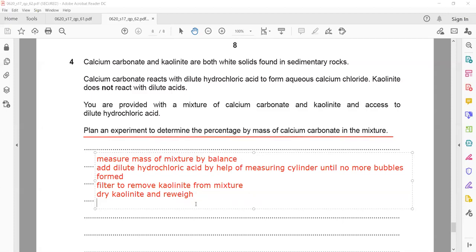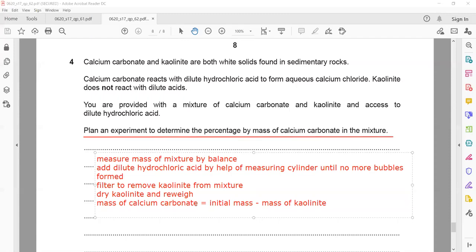What will be the mass of calcium carbonate? The initial mass, the starting mass, minus the mass of kaolinite. And then we need a percentage.